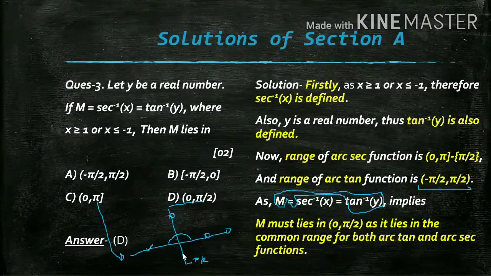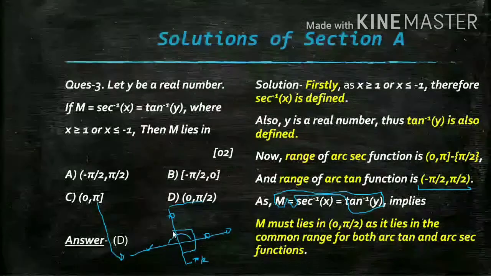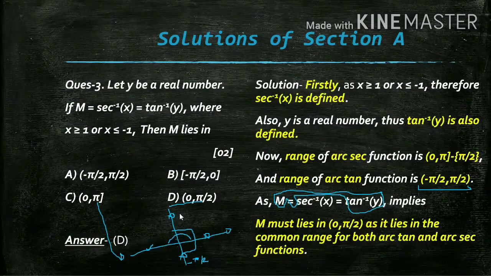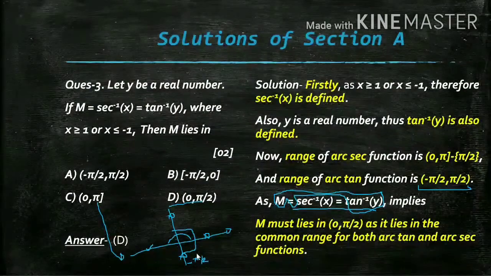from here to here, not including these end points. So it is all not included and this is also not included, right? Now these are both equal. That means m must satisfy this range also and this range also.